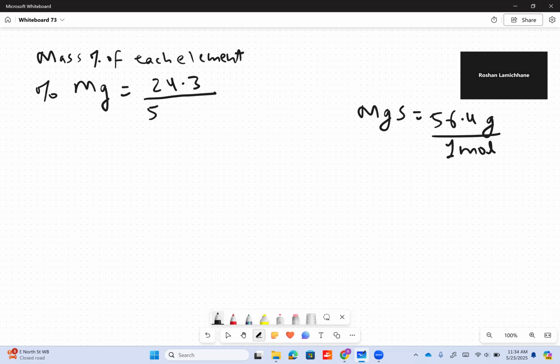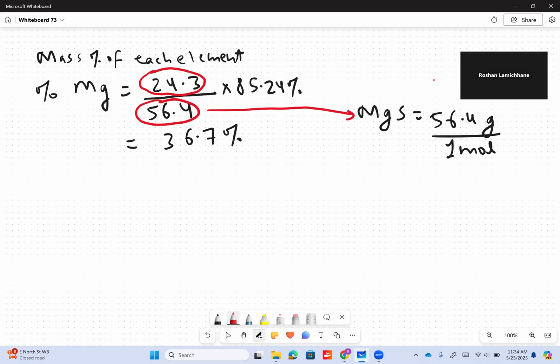I take that ratio times our percentage of MgS in the mixture, and that will give me 36.7. It takes some time to sit and think about it. So remember, this is the mass of Mg, this is the molar mass of MgS, and this is the mass percentage of MgS in the mixture. That's why we're able to figure out the percent Mg here.